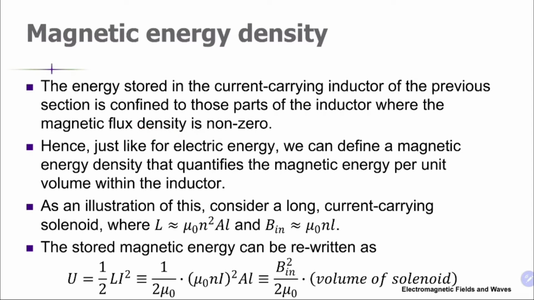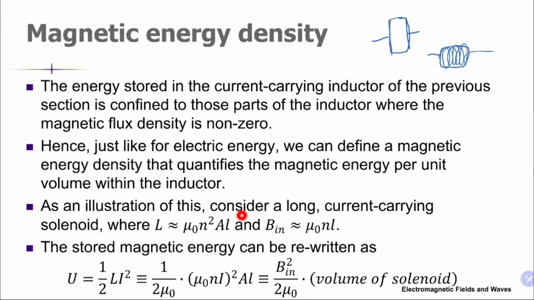Just like your capacitor, where the electric energy is stored within the volume of the capacitor structure, similarly we have our inductor, and the magnetic field is also stored within this volume of the inductor. So we can define an energy density related to magnetic.